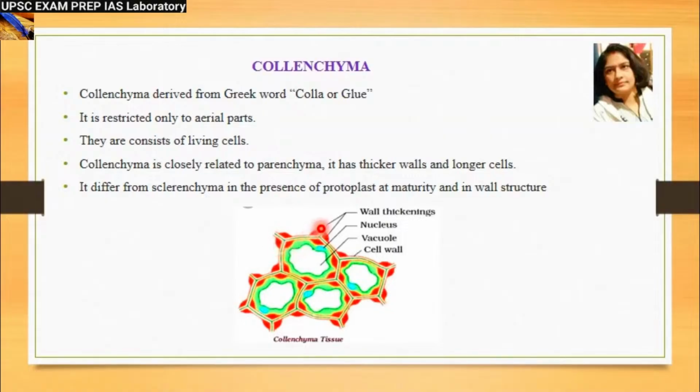These are the wall thickenings. They contain cellulose, pectin and hemicellulose. They are closely packed and may or may not have intercellular spaces. When intercellular spaces are present, these are filled by pectin layers.